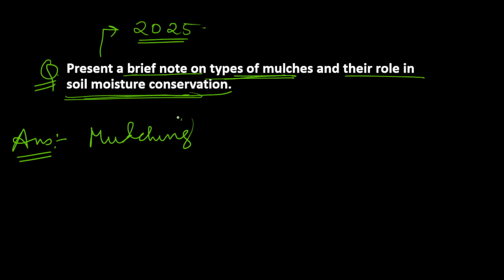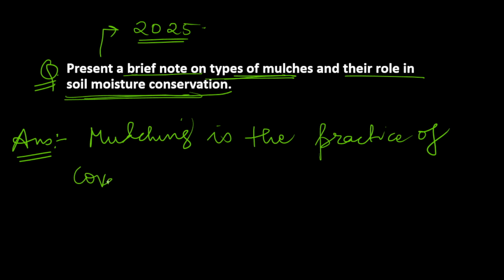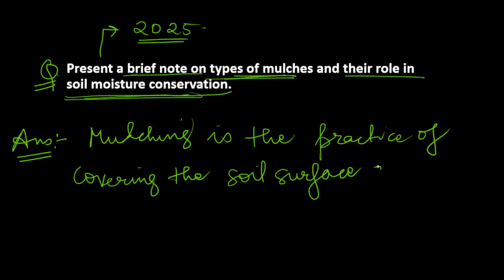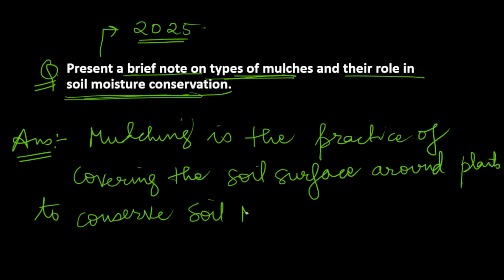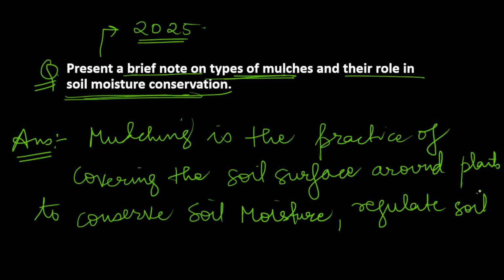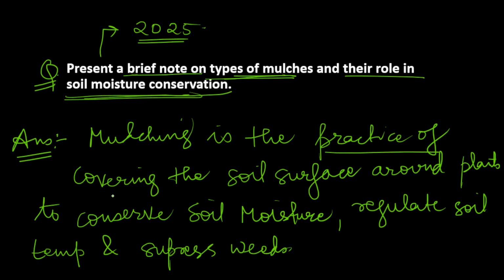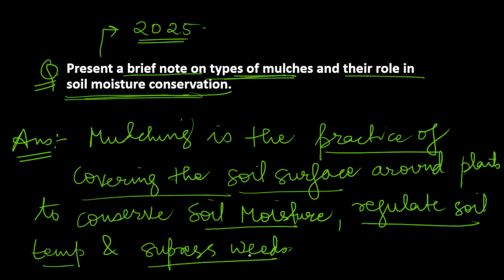Mulching is the practice of covering the soil surface around plants to conserve soil moisture, regulate soil temperature, and suppress weeds. This is how you can very nicely define mulching. So these are the most important three functions of mulching.